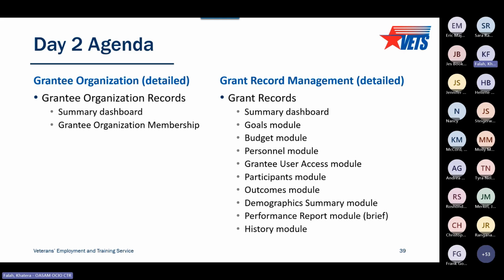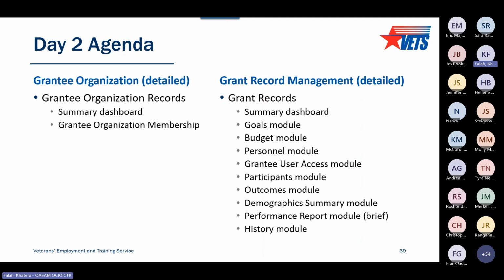Beyond that, we also have our grant record management, and we will be going over this in great detail as well. Grant records are a record type. We have our summary module, goals module, budget module, personnel, grantee user access, participants, outcomes, demographic summary, performance report, and history modules to go over.